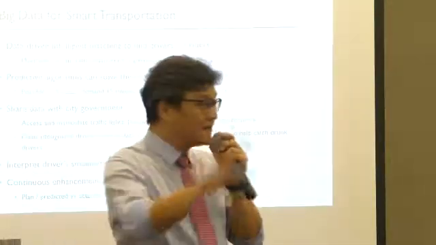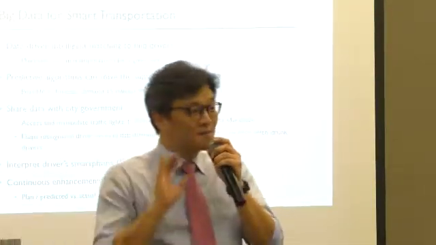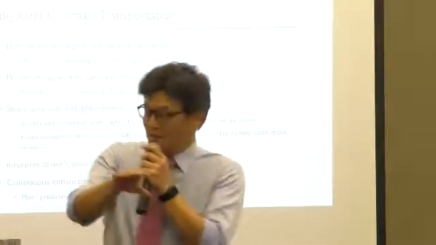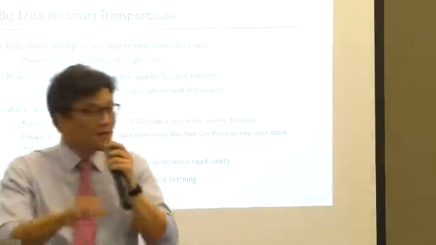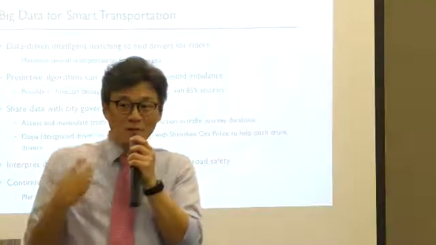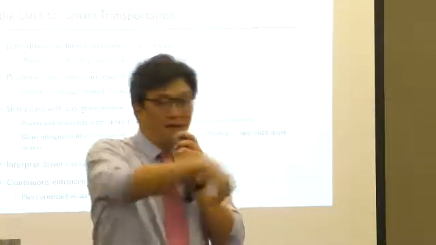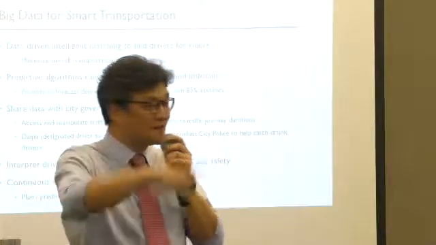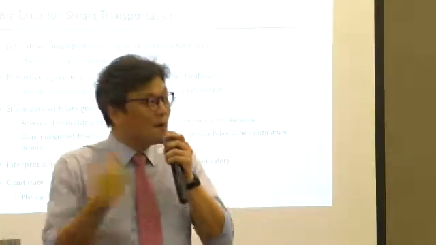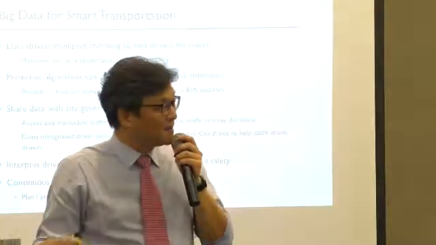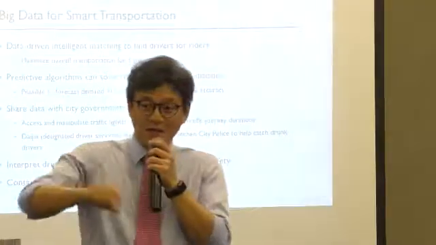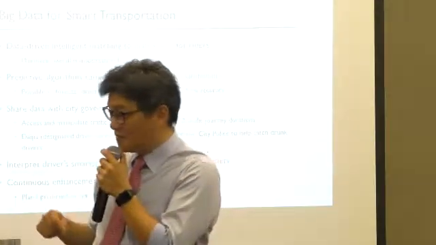If they can contribute their algorithms to the city and get in return the actual congestion data, and couple that traffic data with their own supply and demand data, they can provide better dispatching performance.